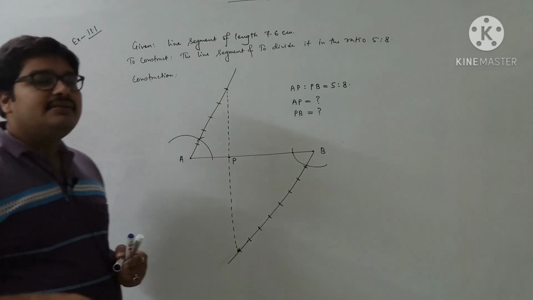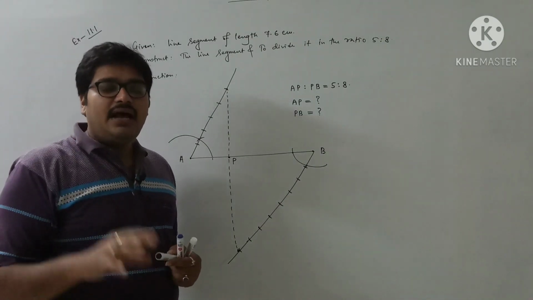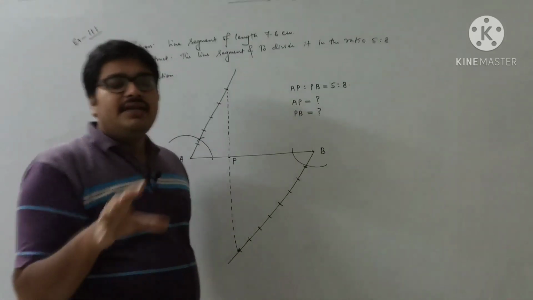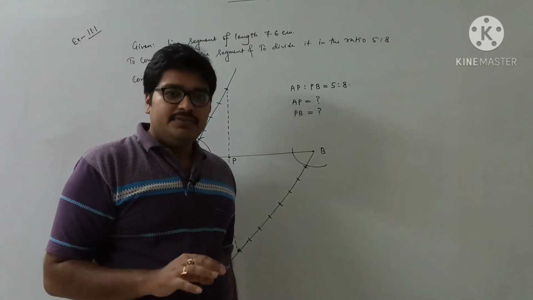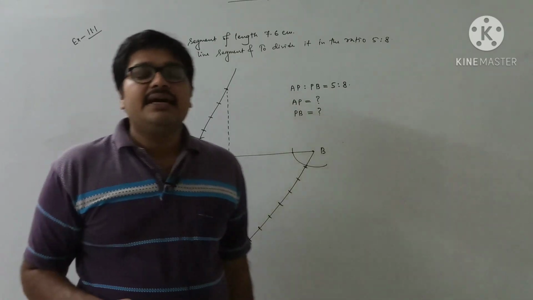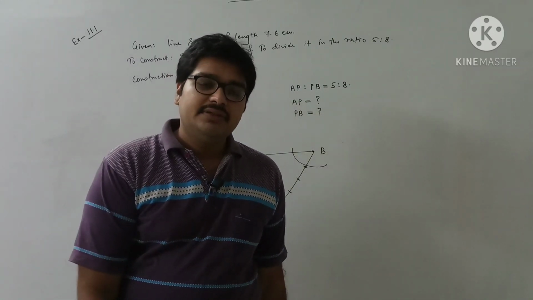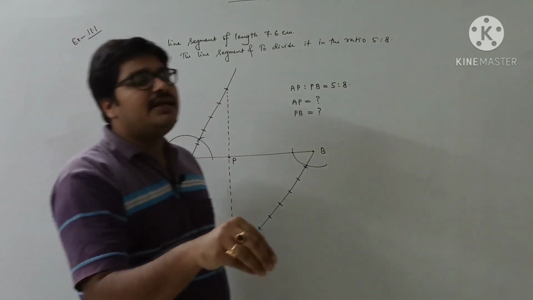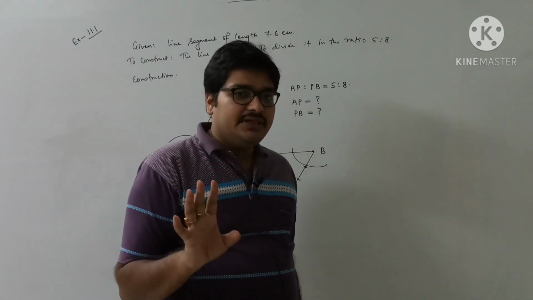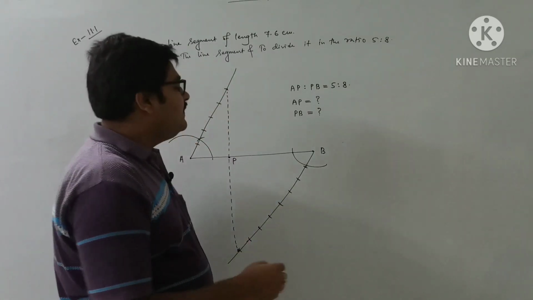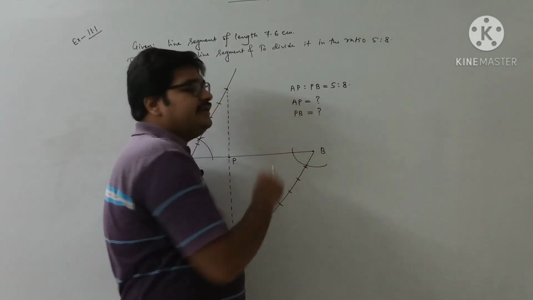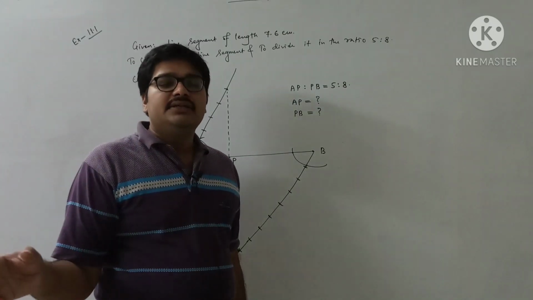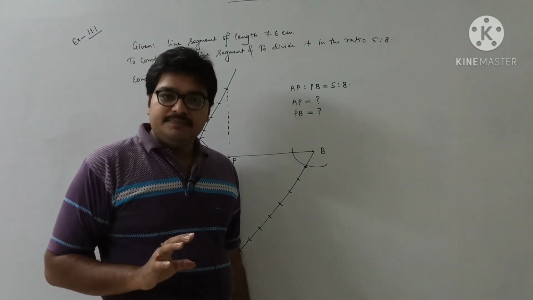And once you do that, how do you check whether your answer is correct or wrong? 5 by 8 you calculate in decimal form, and find out the answer correct to one decimal place. So find out 5 by 8 and find your answer correct up to one decimal place only. And whatever the measurements of AP and PB you get, again you do AP by PB and find out your answer correct up to one decimal place.